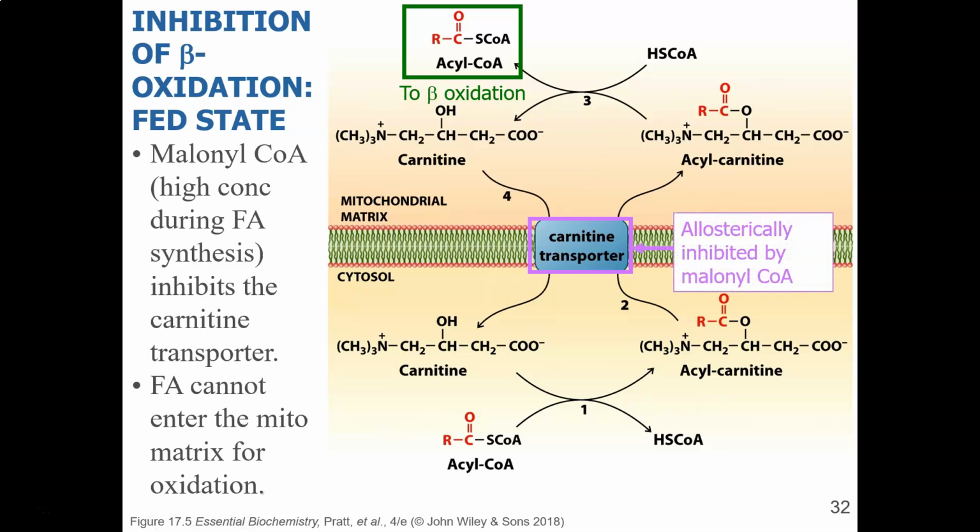So high concentrations of malonyl-CoA will inhibit that transporter. That ensures that the fatty acids stay in the cytosol and are not transported into the mitochondrial matrix, because that's where they'd be broken down. So during the fed state, we're going to want to inhibit the breakdown of fatty acids.